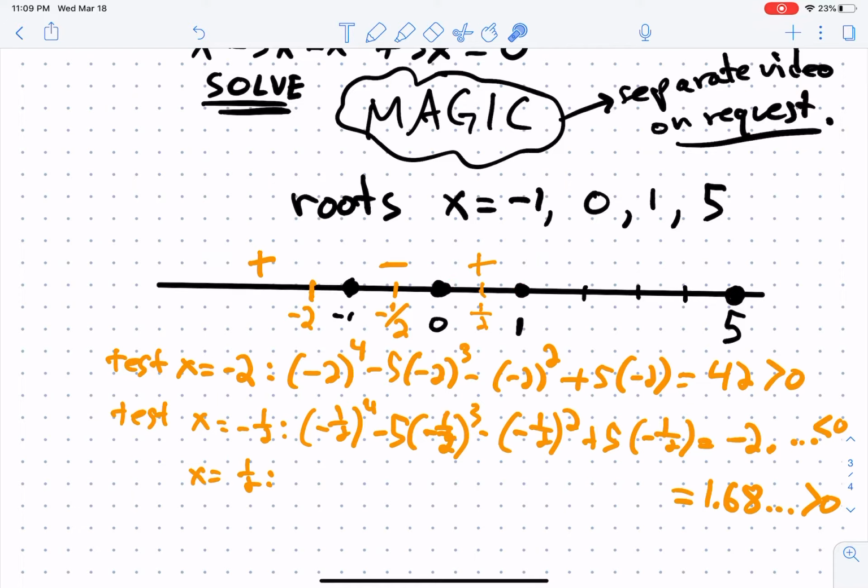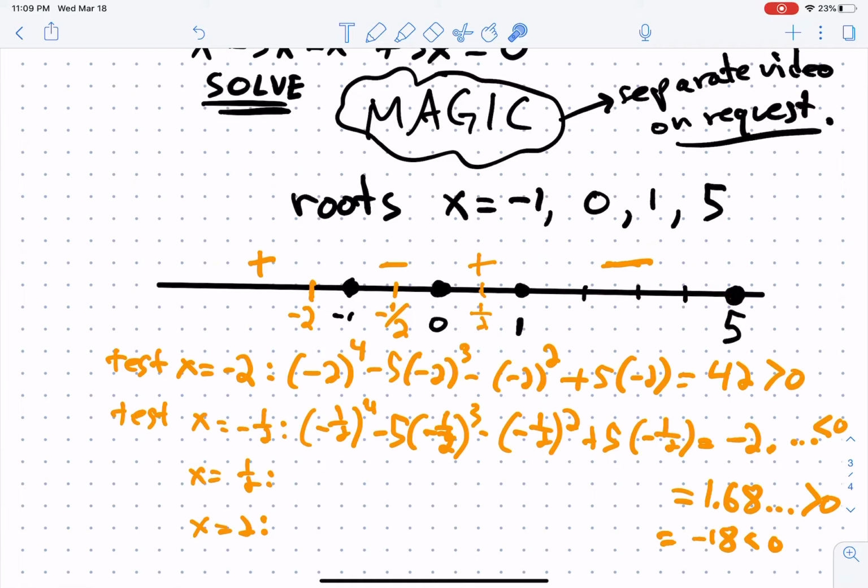And now, from 1 to 5, let's go ahead and test that one. Let's test x equal 2. And when x is equal to 2, the function is equal to -18. So that one's less than 0. That means it's negative in between here and here. The graph lies under the x-axis.